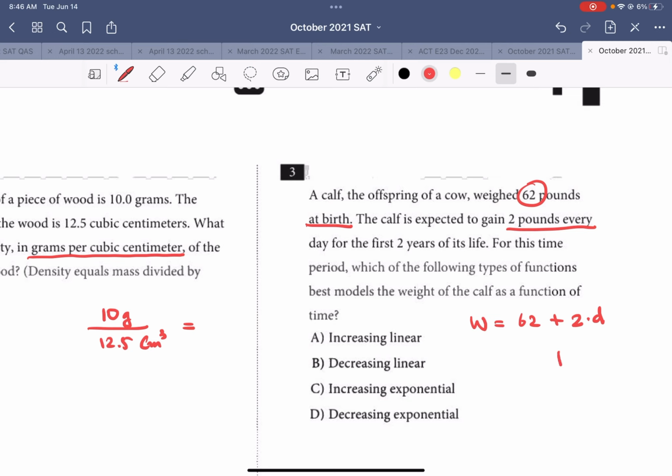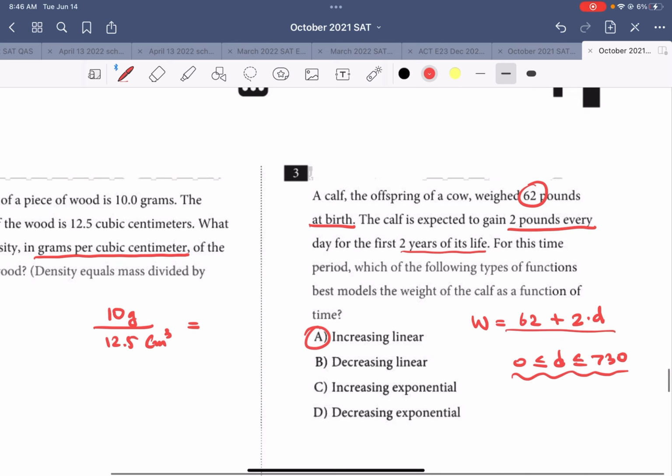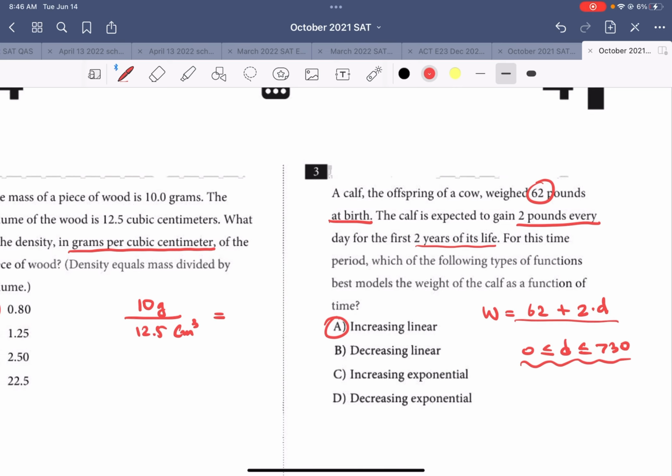Of course, the domain is the first 2 years of its life, so it's starting from 0 to 365 times 2, which is 730. So this is the domain, and that's linear, right? So it's an increasing linear. You don't need to find the domain, but it lets you know what the graph should be, in the domain and the expression. So it's an increasing linear graph.